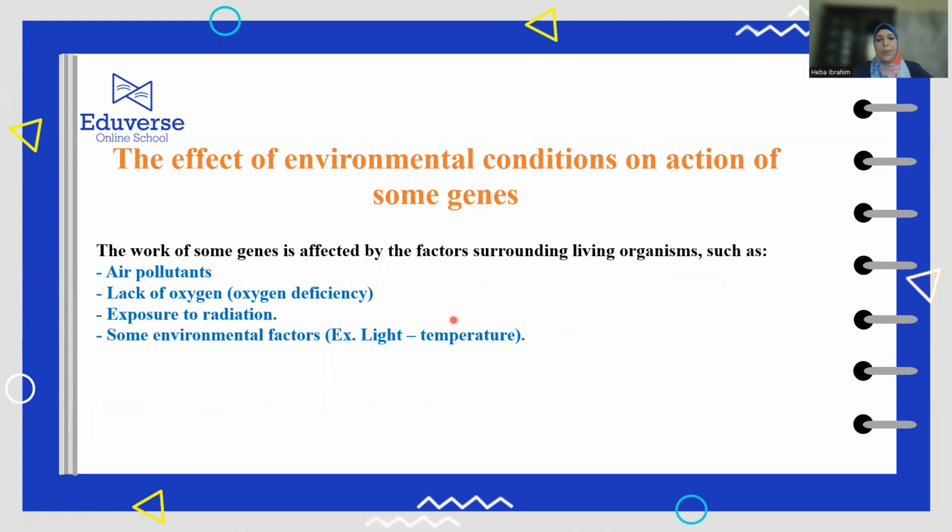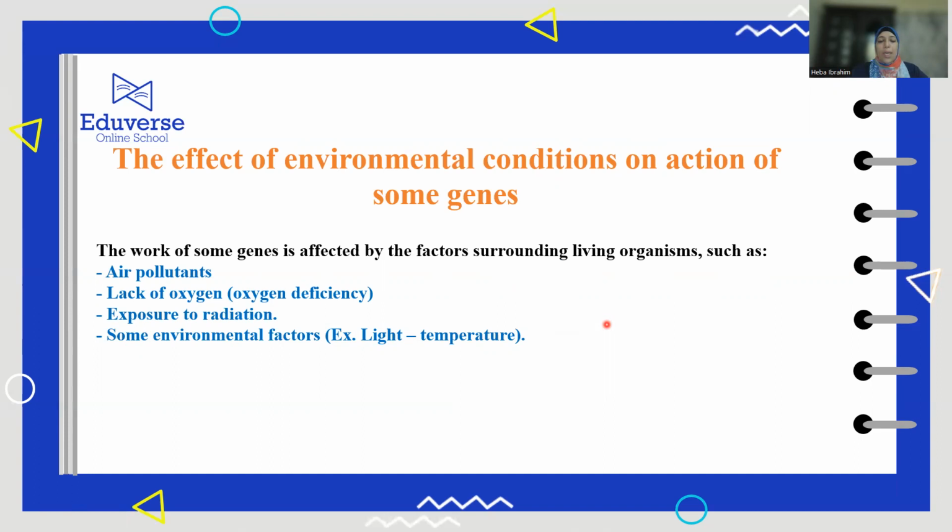For example, the gene responsible for the appearance of chlorophyll must be activated by sunlight, like in cabbage leaves. The external leaves are green and the internal leaves are white. Why? Because external leaves are exposed to sunlight, so the gene responsible for chlorophyll is activated, so the leaves are green.